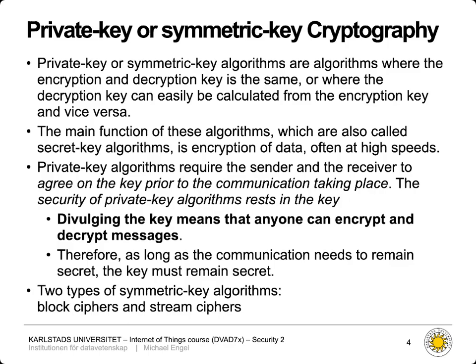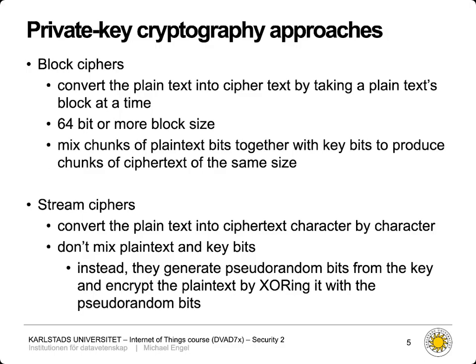So as long as the communication needs to remain secret, and this is also valid in the future, the key must remain secret. Now for private key cryptography, there are two types of symmetric key algorithms: block and stream ciphers. Block ciphers work not on single characters, but always consider a whole block of data.